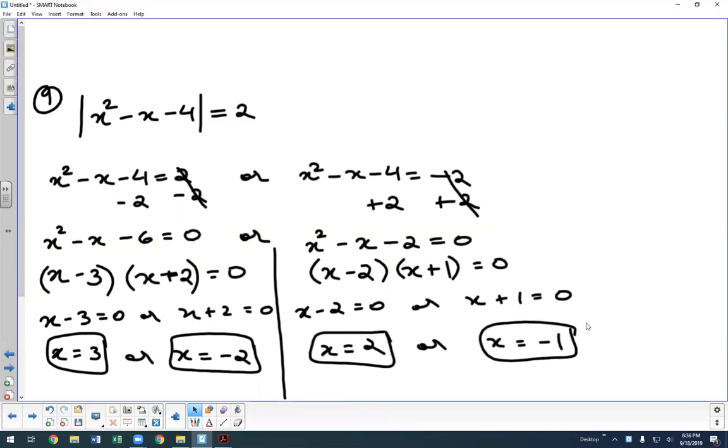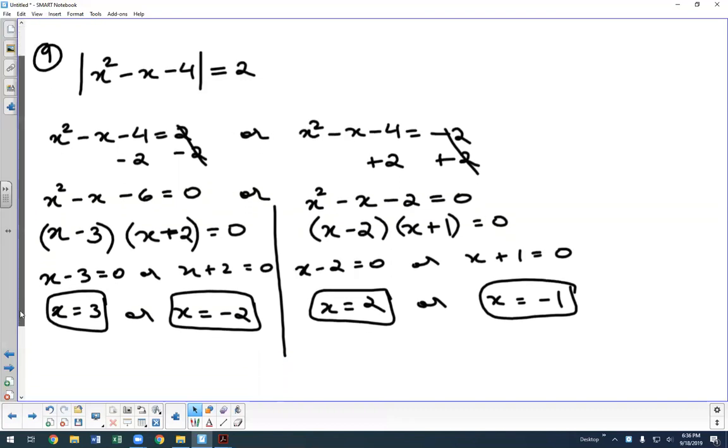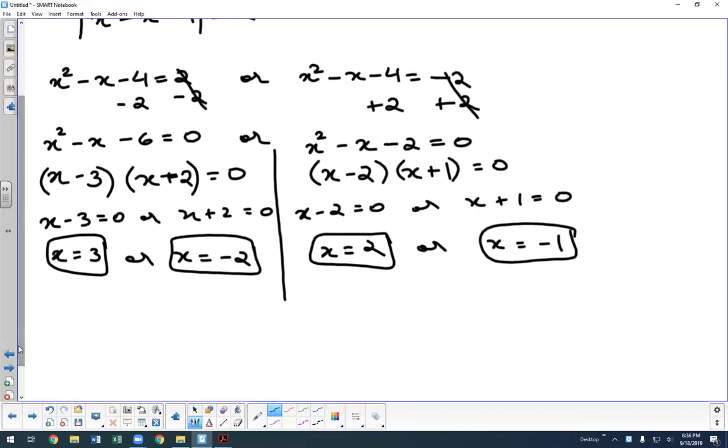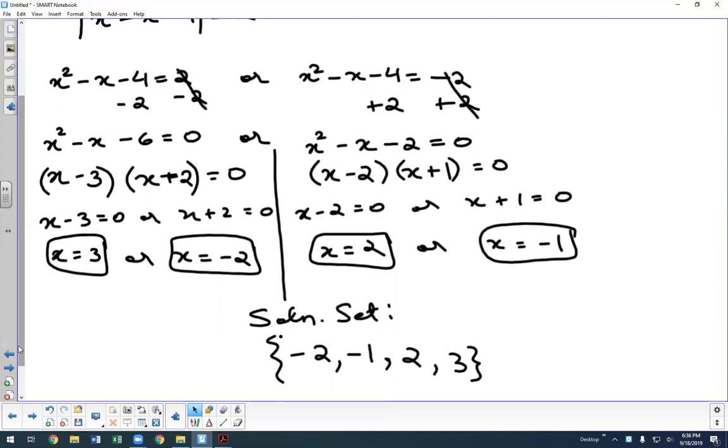So our solution set is going to be negative 2, negative 1, positive 2, positive 3. Did anybody have questions on this?